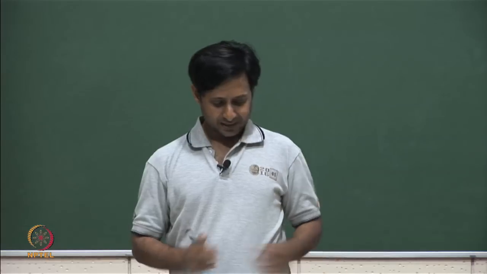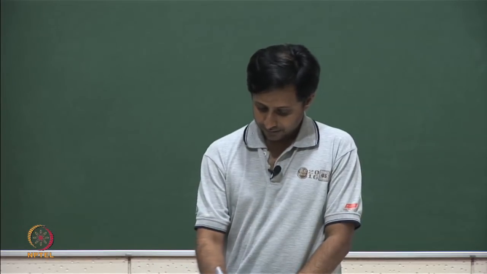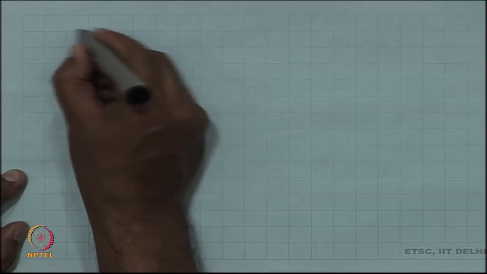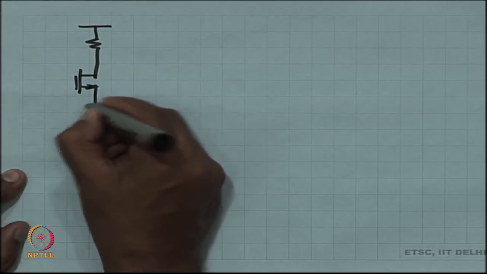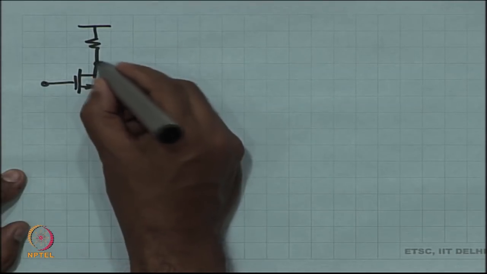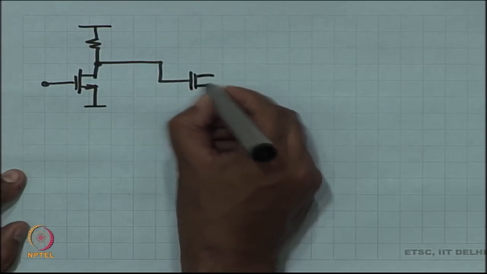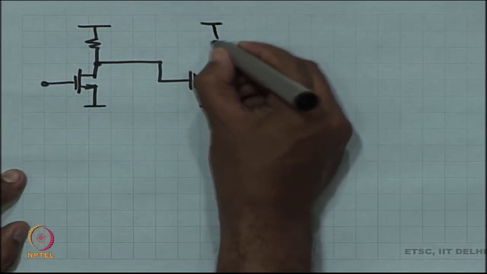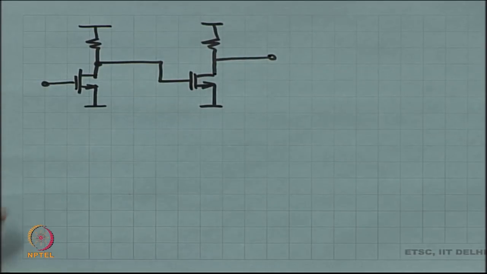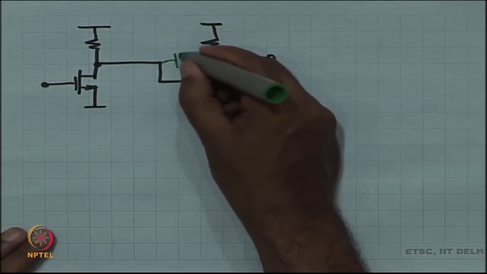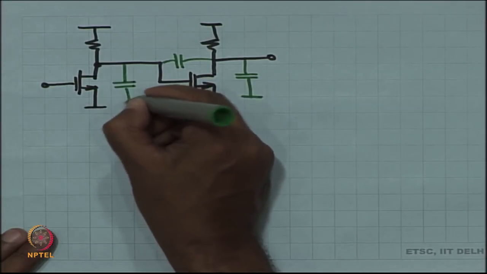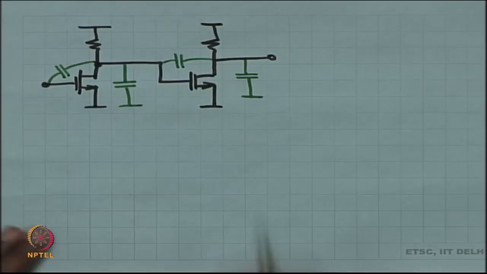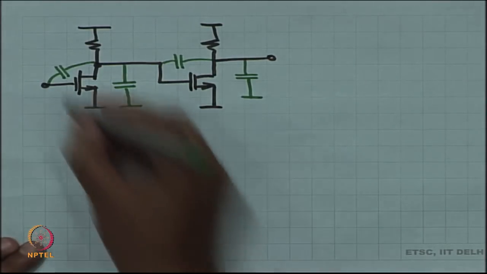All right. Now, what had happened? I had designed this nice amplifier. We had some capacitances in place. We had some names for these capacitors.